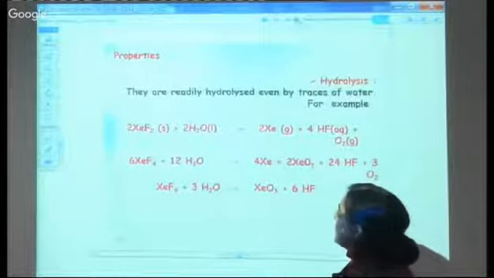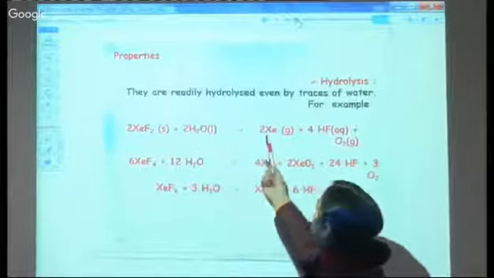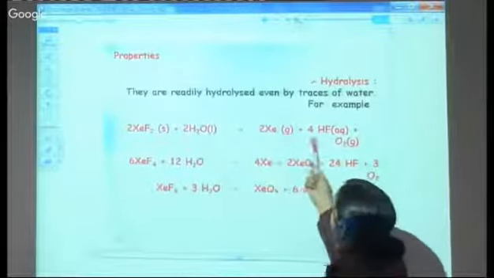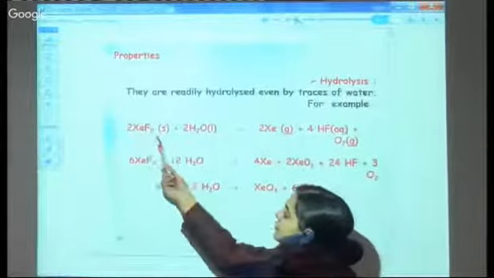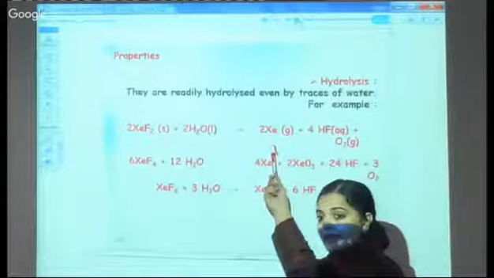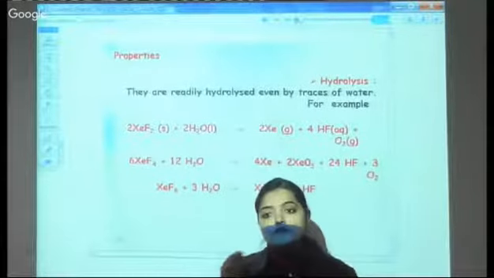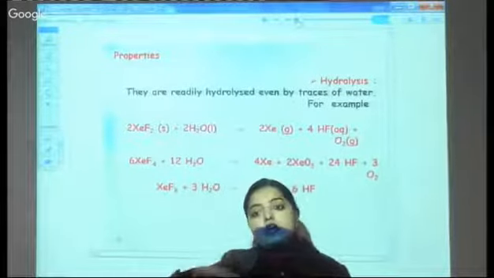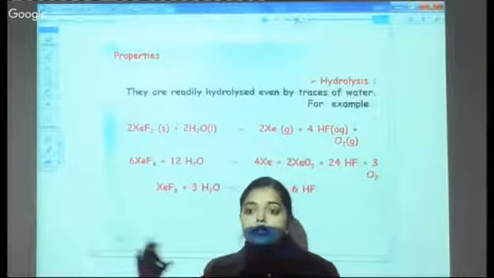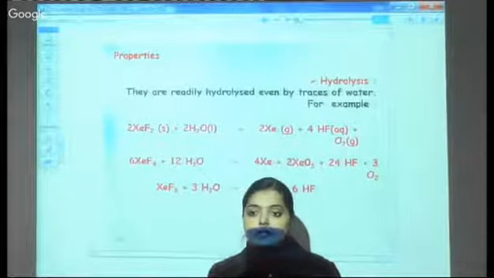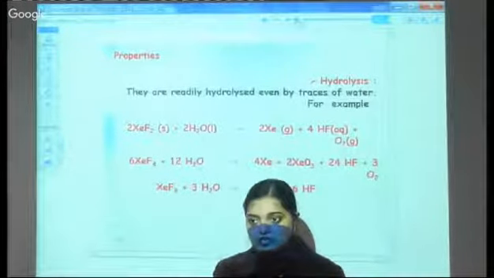Now, these are the reactions where XeF2 in the presence of water gives xenon back again along with HF and oxygen, because hydrolysis of XeF2 provides you back again Xe. So xenon in the presence of fluorine and some high temperature forms a complex XeF4, XeF2 or XeF6, depending on the temperature and the concentration variations, right?